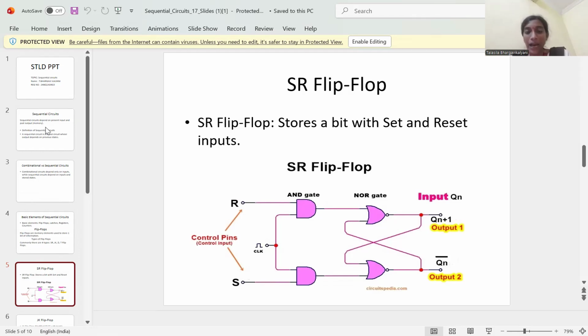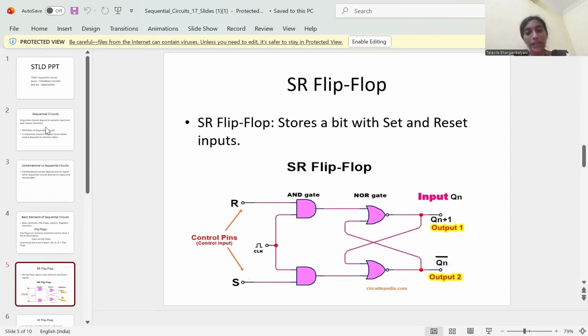Next, if R is 0 and S is 1 and present state is 0, then the next state will be 1. If R is 0 and S is 1 and present state is 1, then the next state is also 1. Here, when the next state is 1, it is called set.